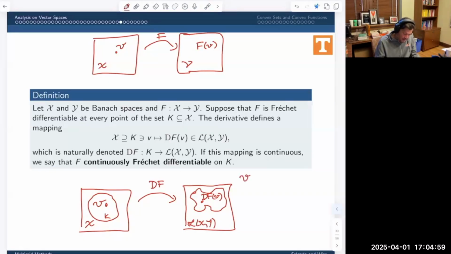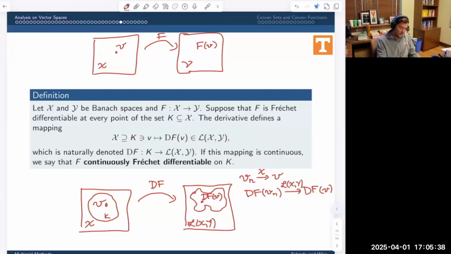If we have v_n converging strongly to v, we're going to use the strong topology continuity, then df(v_n) has got to converge strongly to df(v). But remember, I made a mistake here, right? This is not Y. This is going to be in the topology of the target, so that's going to be L(X,Y).